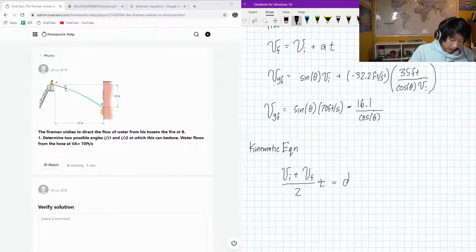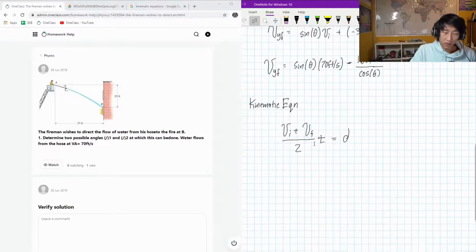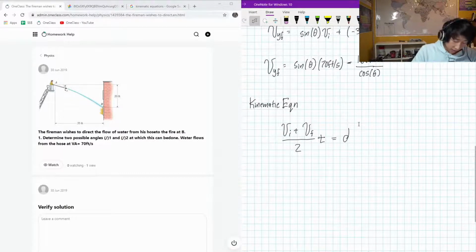Now we know what the distance is, and we just figured out the calculation for the final, and we already knew our initial, so we should just isolate this for time, and then we can sub it into this time expression, equate these two together, and then we can solve it from there. And you might need to do some trig identities, but nothing to be worried about.